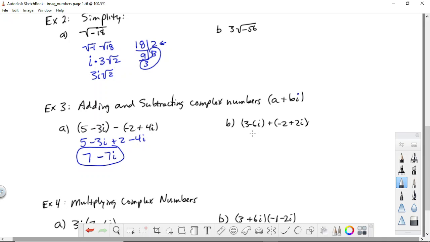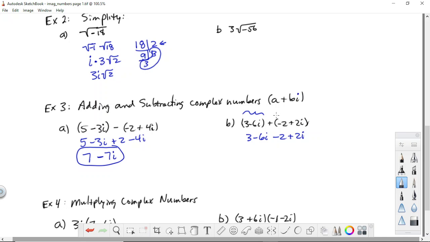So next one, we're going to just add the real parts, the 3. I'll go ahead and get rid of the parentheses. 3 minus 6i minus 2 plus 2i. The parentheses just show they're separate numbers.